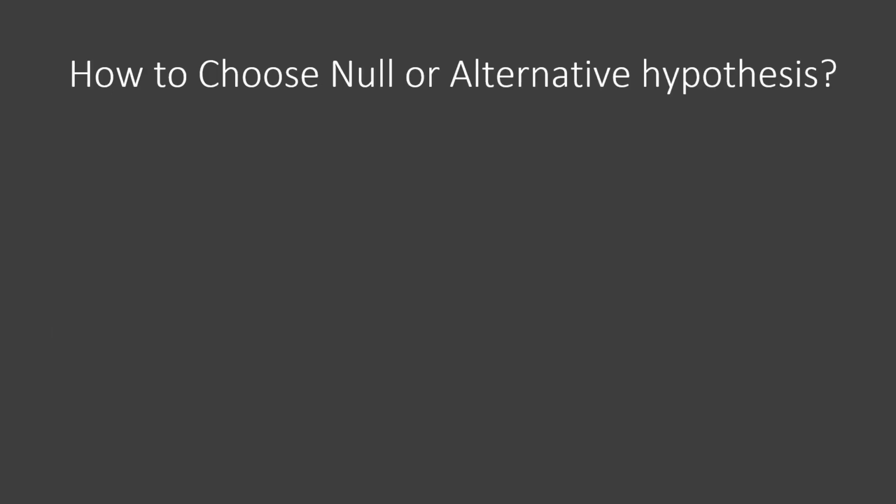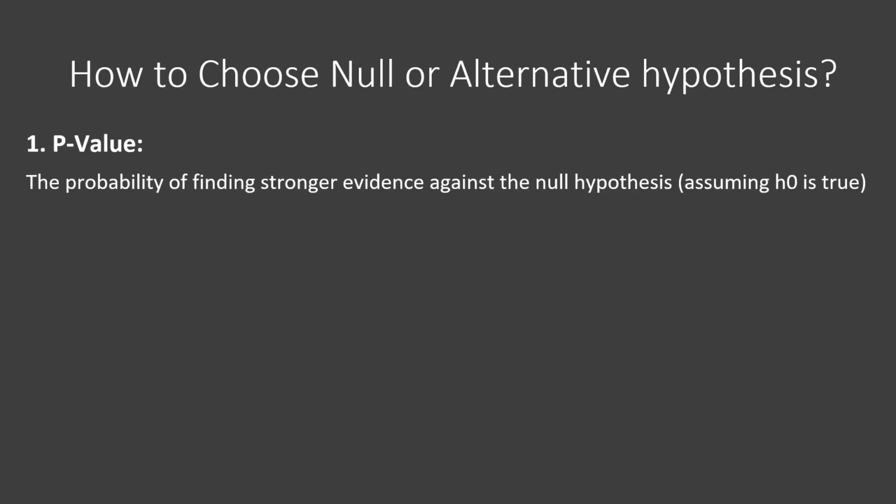You should know this. And then also, how do you even choose the null or alternative hypothesis? Which one do you choose? You choose based off the p-value. The definition of the p-value is the probability of finding stronger evidence against the null hypothesis, assuming H null is true. You get p-values with your tests, and it tells you which side you should choose, the null or alternative hypothesis.